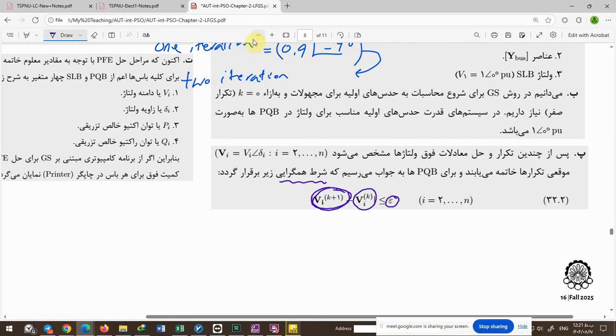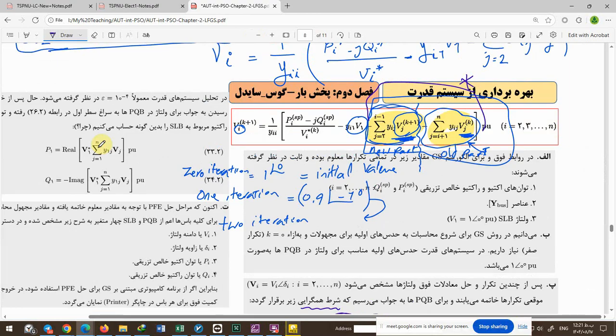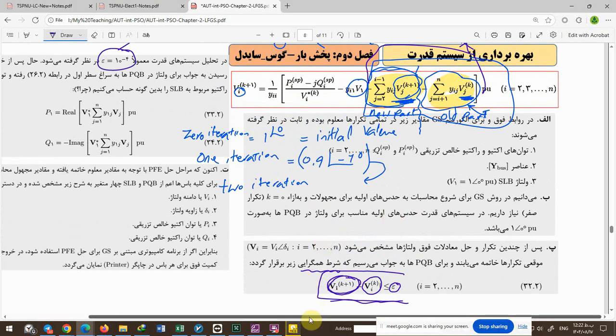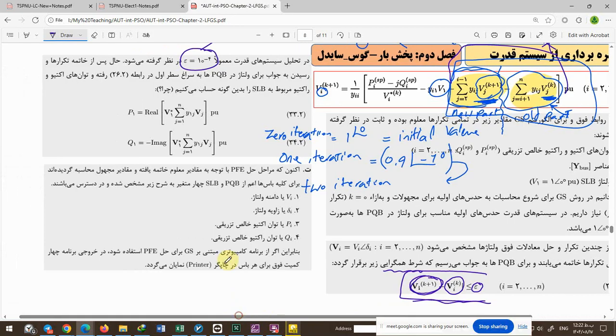Epsilon in this equation is about 10 to the power of minus 4. By checking this condition, you can stop the iteration and finalize the answers as final answers.